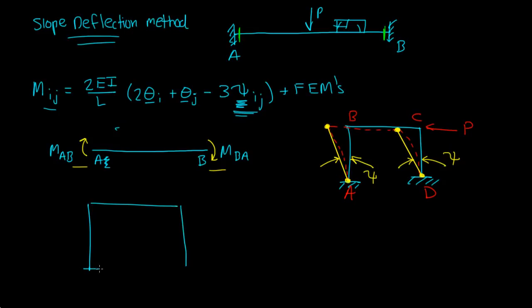So if you had this frame, and I cut it here and here, here and here, and I'm looking at these members, I have this member, this member, and this member. The moments at the ends are always clockwise. This is the sign convention we use. Clockwise.